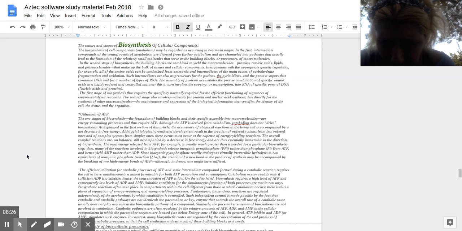Since inorganic pyrophosphate rarely undergoes virtually irreversible hydrolysis to two equivalents of inorganic phosphate, the creation of a new bond in the product of synthesis may be accompanied by the breaking of two high-energy bonds of ATP, although in theory one might have sufficed.